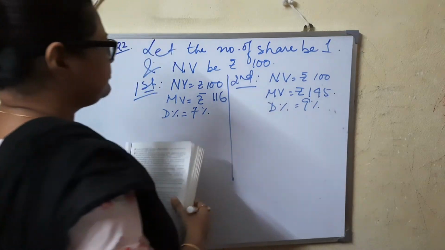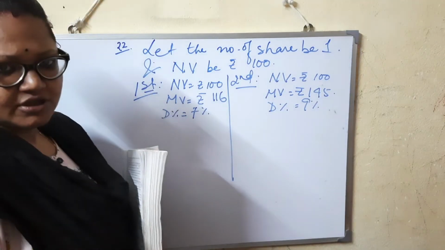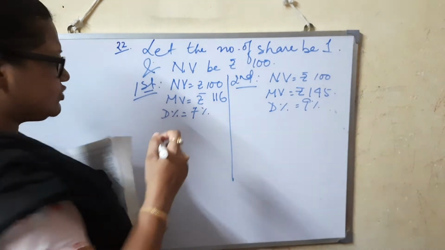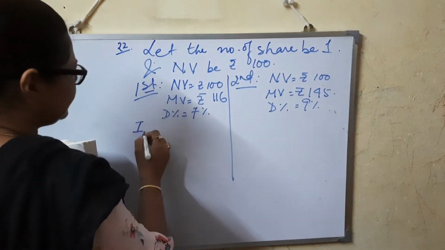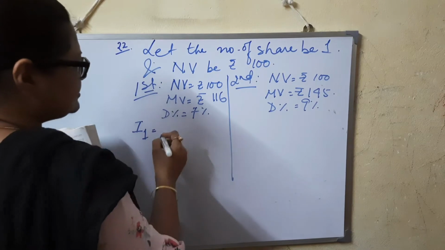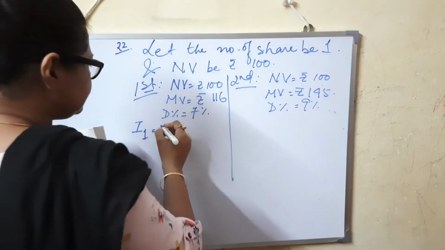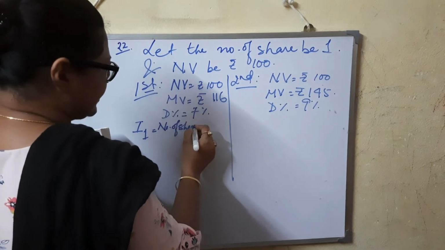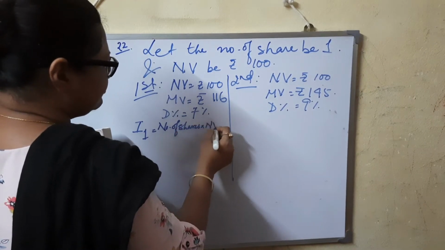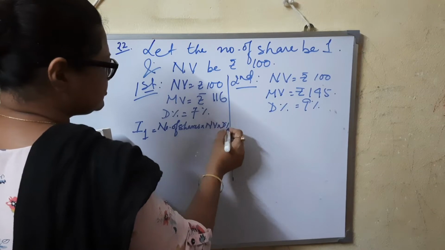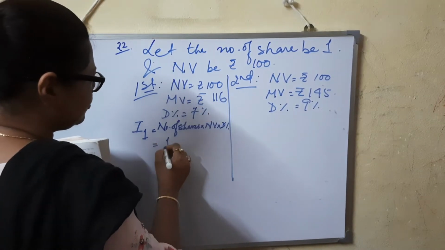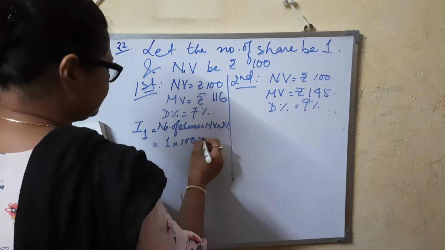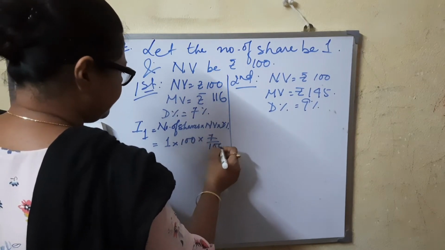So when we are trying to find out which is a better investment, we will find out the rate of return. In that case, we first find out the income. Income means dividend. That means number of shares, which is 1, into nominal value into dividend percent. So 1 into 100 into 7 by 100.